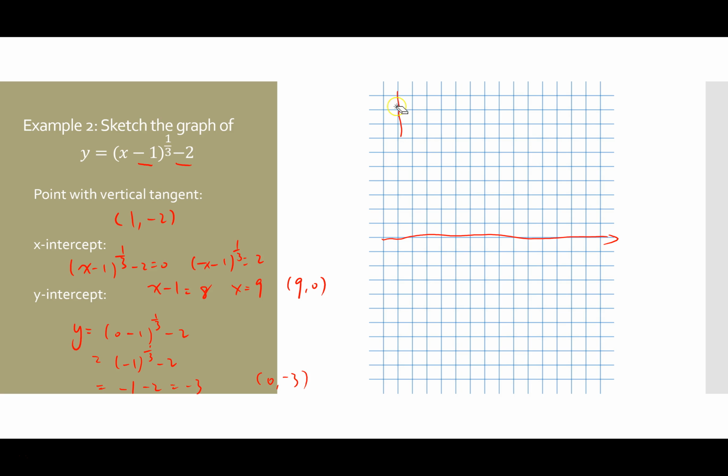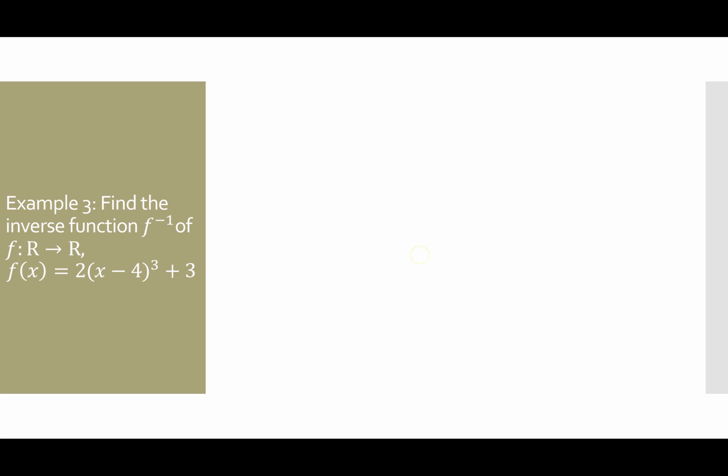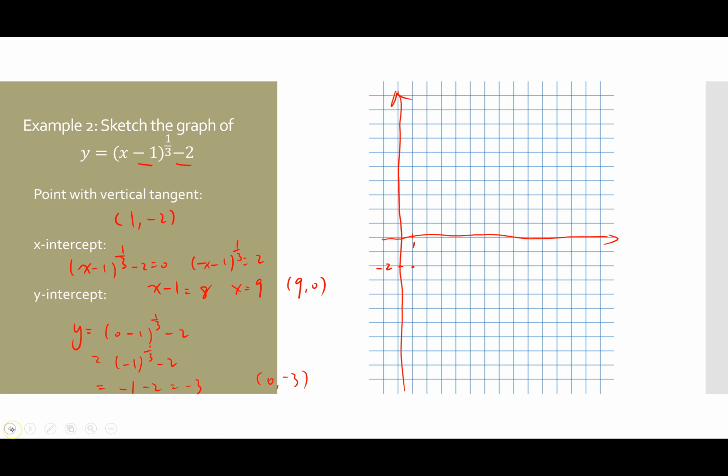Okay, so that will look like this. The point of inflection will be at (1, -2), so it'll be here. All right, go back to that slide. And then your x-intercept will be at (9, 0).